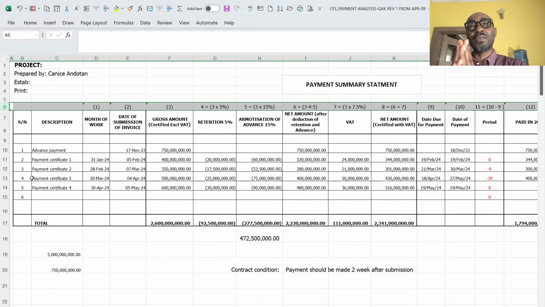So it could be 2 weeks, or it could be 3 weeks, depending on what the condition stipulates. And there are also other conditions that guide what will be the penalty applicable in case the client delays in paying.